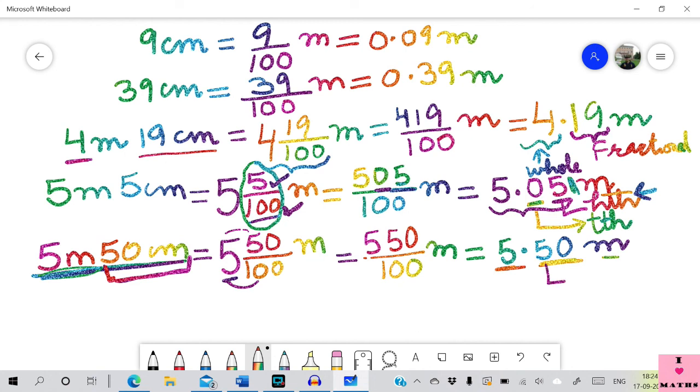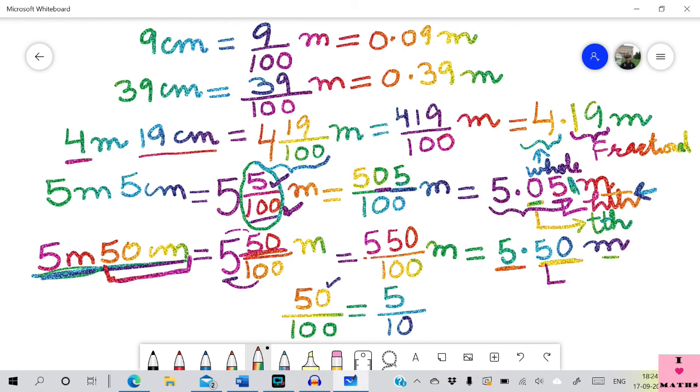Here the 5 has come at the 10th place because there are 50 parts out of 100 equal parts, and 50 upon 100, if you recall the knowledge of fractions, is equal to 5 upon 10 also.